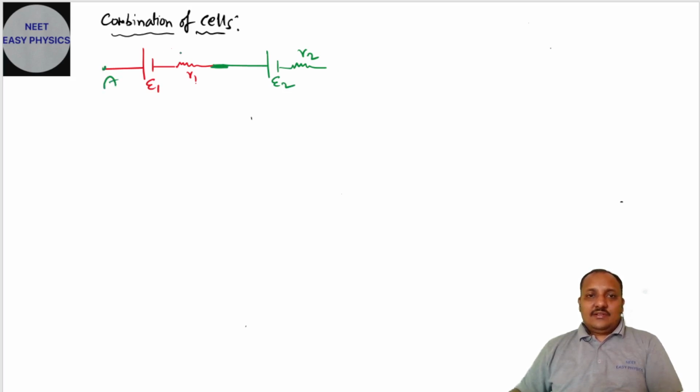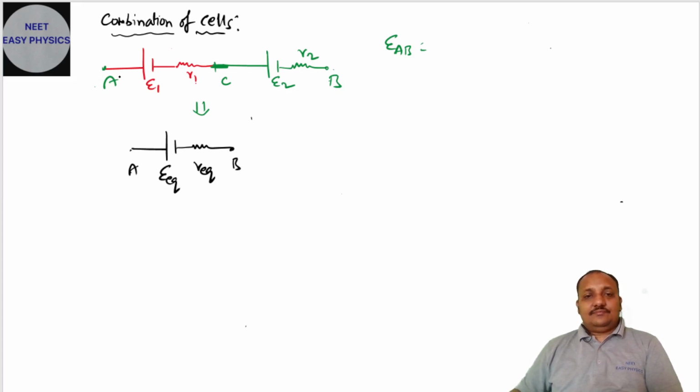Now what is the effective EMF between A and B? So EAB is equal to... If you combine these two, you will get another cell. It is called E equivalent, and internal resistance R equivalent. That is going to be AB.